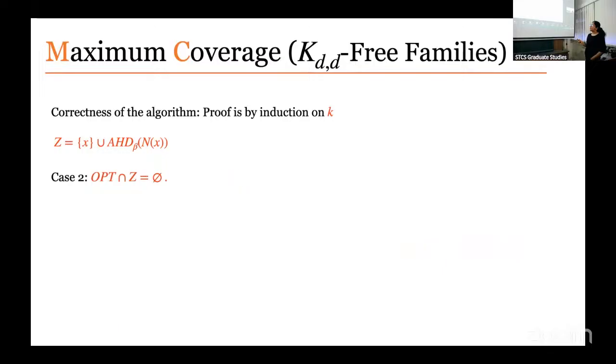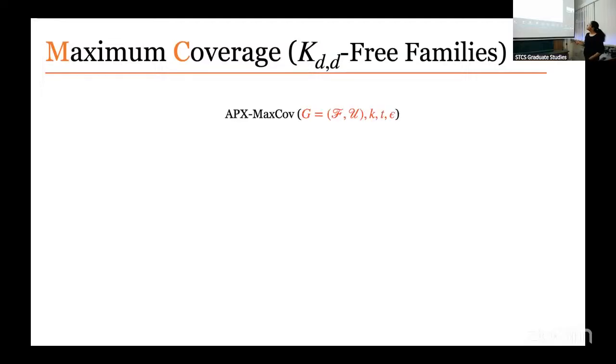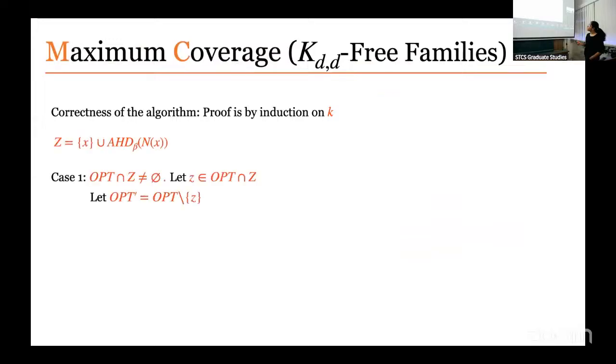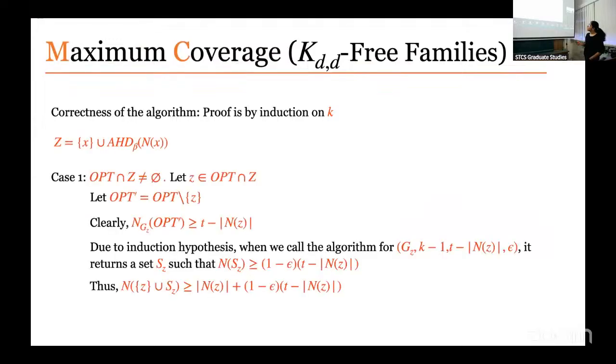Where do you use the fact that small z is a part of capital Z? In the induction hypothesis, right? Because it was part of Z, we know that if I look at G sub Z, then it covers at least this much. So SZ covers at least this much.